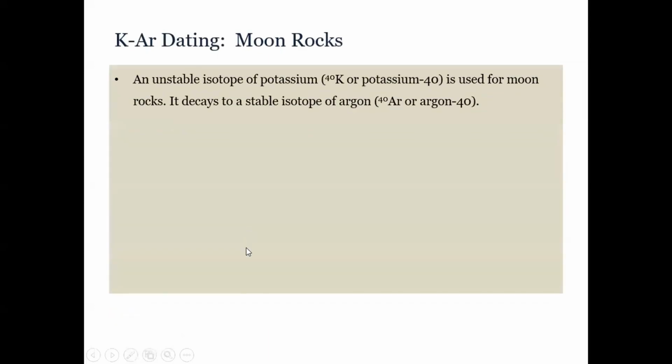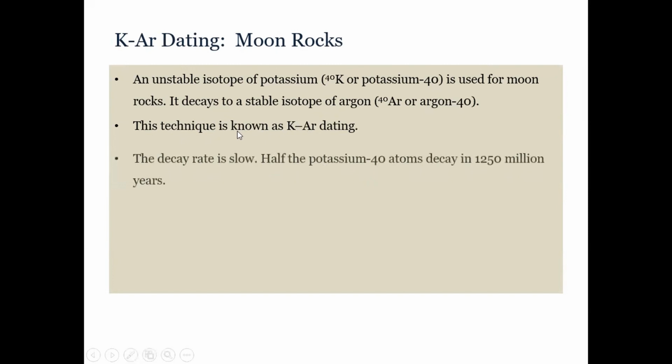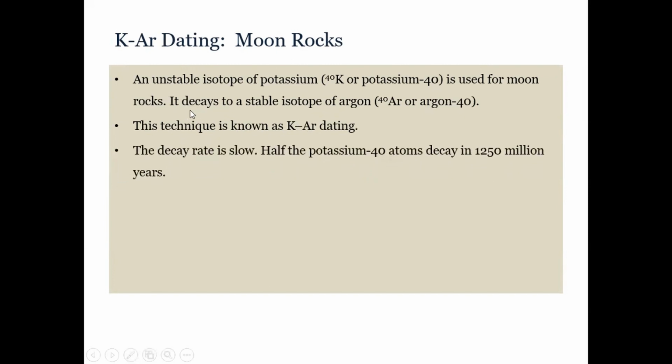Similar dating methods use the potassium-40 isotope of potassium, which is unstable, and it is used for moon rocks. It decays to a stable isotope of argon, argon-40, and the technique used to date is called potassium-argon dating.